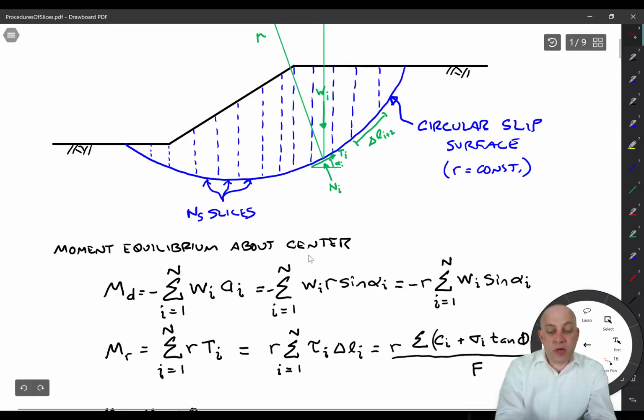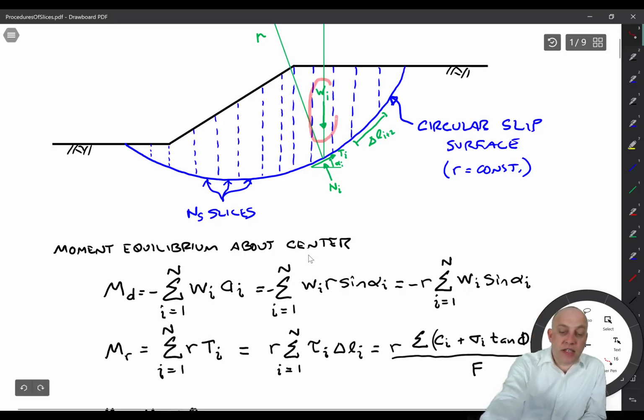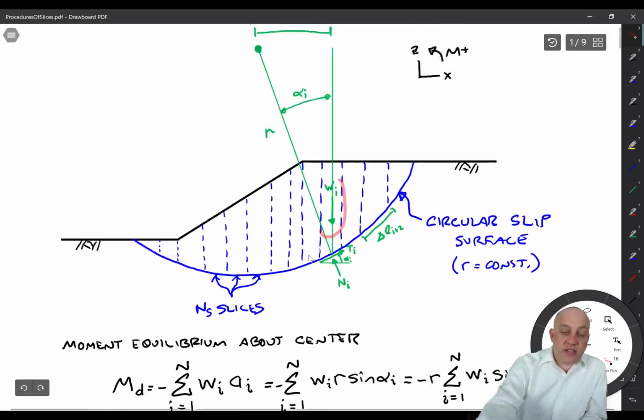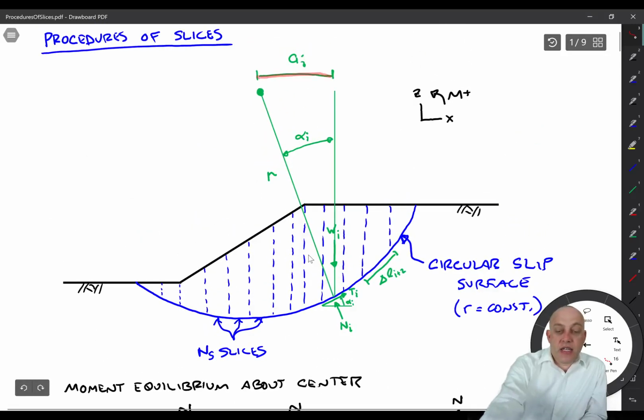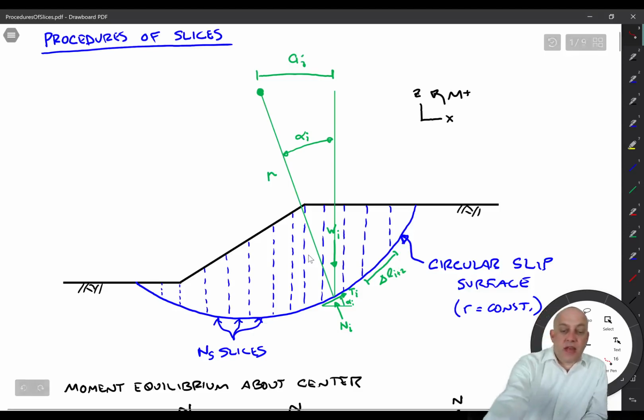If we solve for moment equilibrium about the center, there are two different moments that we can compute. One is the driving moment, and that's due to the weight of the slice acting through a distance a. And a can be negative, which is often a little confusing. I'm going to have a positive a as shown right here, and a negative a would be to the left.